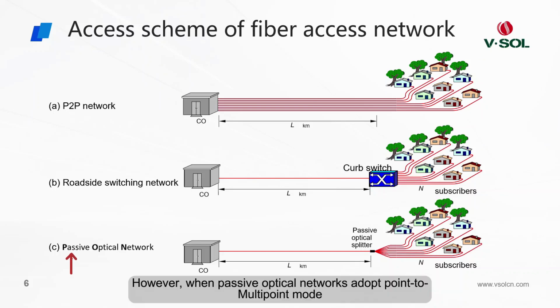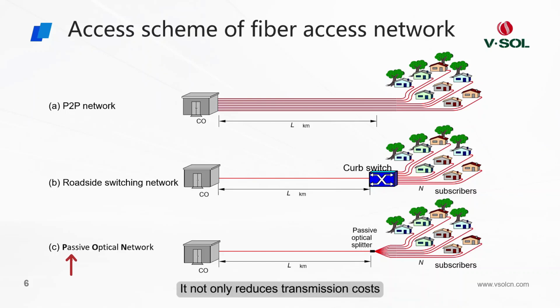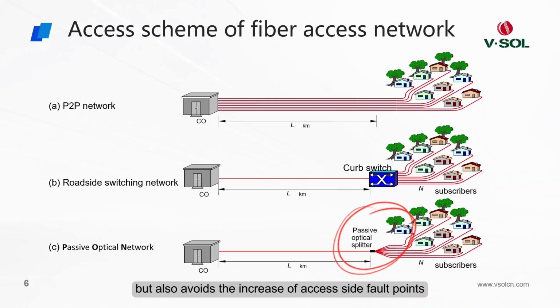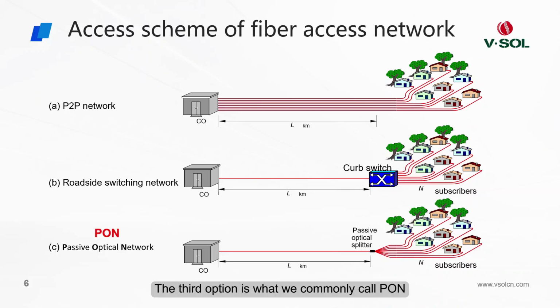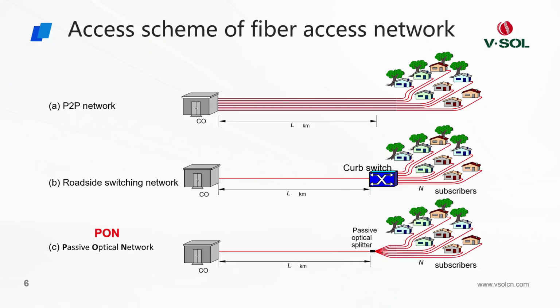However, when passive optical networks adopt point-to-multipoint mode, it not only reduces transmission costs, but also avoids the increase of access side fault points. The third option is what we commonly call PON.